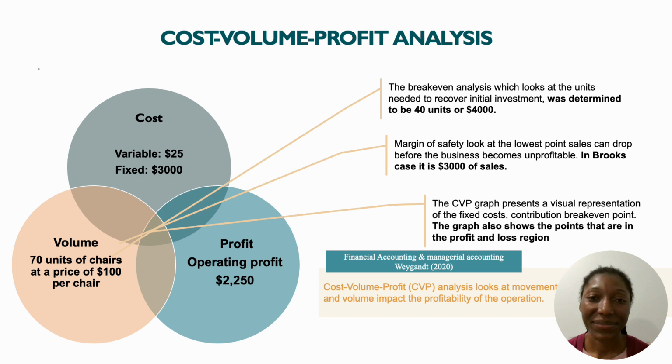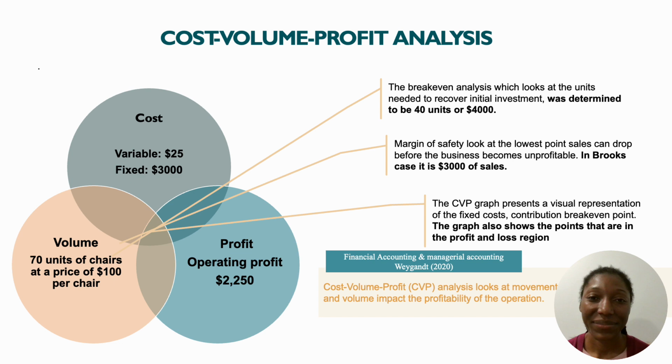With this information, we were able to calculate the break-even point, which tells us how many units, or the value of those units, that Brooks had to sell before he could recoup his initial investment. This brought us to $4,000 or 40 units of sale. We were also able to calculate the margin of safety, because the break-even point deducted from the budgeted or actual sales is the margin of safety.